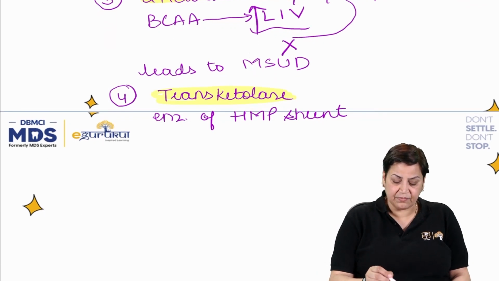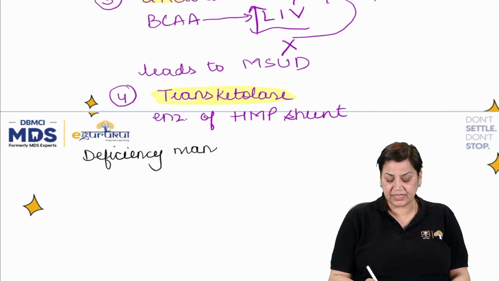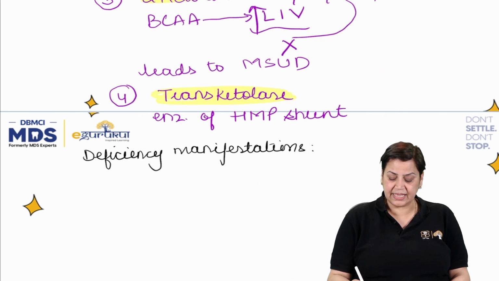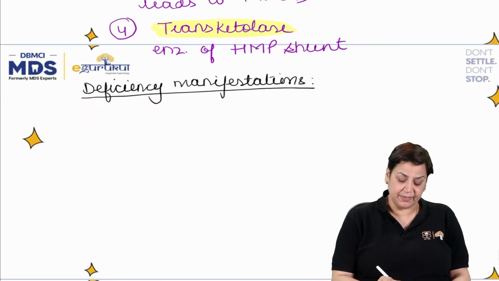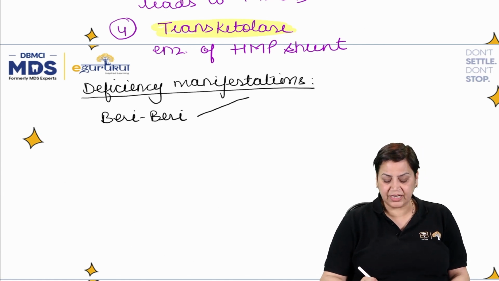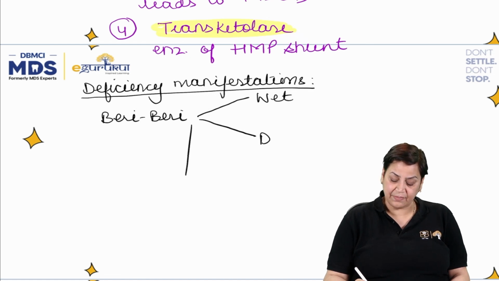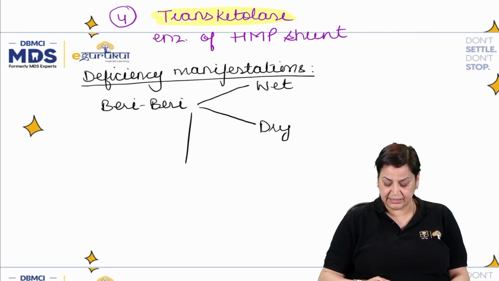And then the deficiency manifestations. If we talk about the deficiency manifestations of B1, it leads to beriberi. This beriberi is of 3 types basically: wet beriberi, dry beriberi, and the third one is infantile beriberi.